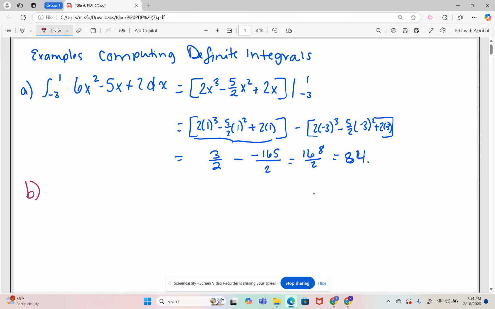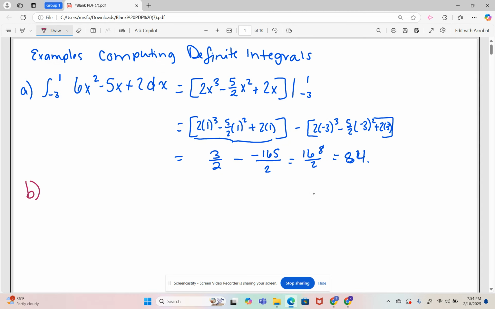So now let's look at another example. Let's say we're going to go from 4 to 0. We have the square root of t times t subtract 2 dt. Now before I try to do this, personally, I would go and rewrite this.